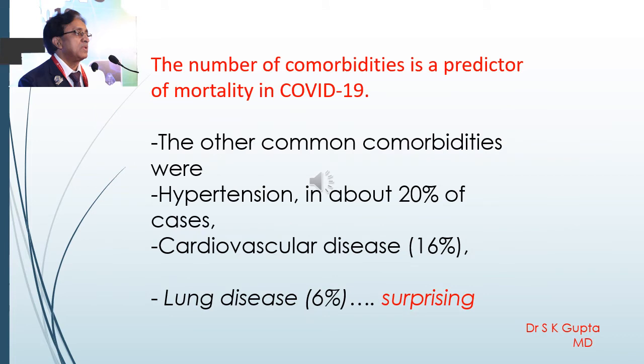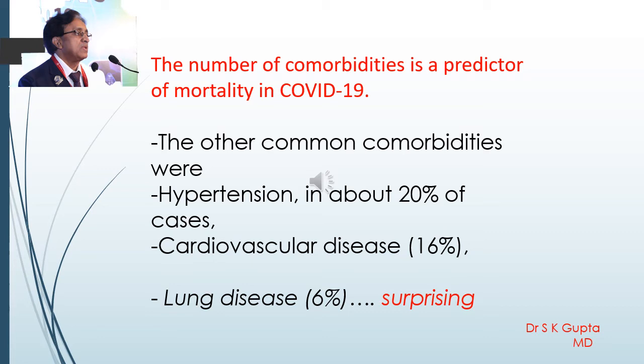This slide shows hypertension, diabetes and cardiovascular disease in the world. It is diabetes which is the most important, and around 20% of patients have hypertension also, and cardiovascular disease represents 16% of patients. And surprisingly, chronic lung disease represents only 6% of the total cases of COVID in most of the cases.